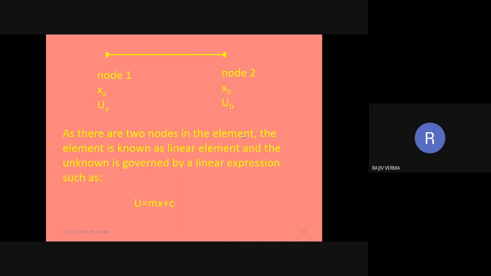In this particular expression, x obviously is the space coordinate, while m and c happen to be the two unknowns. This obviously is a popular equation used to represent a straight line. M also represents the slope of the straight line, and the parameter c here represents the value of the intercept on the x-axis.